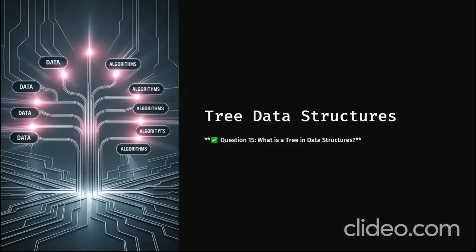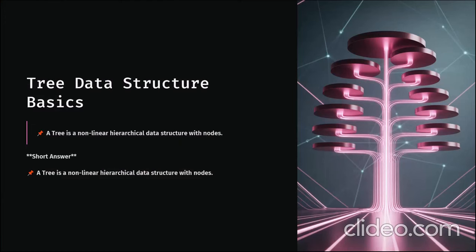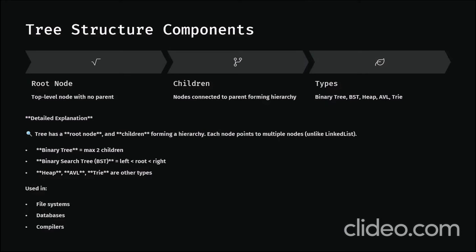Our next and important question, what is a tree in data structures? A tree is a non-linear hierarchical data structure with nodes. Right? So there will be a main node called the root node, the top level node with no parent.